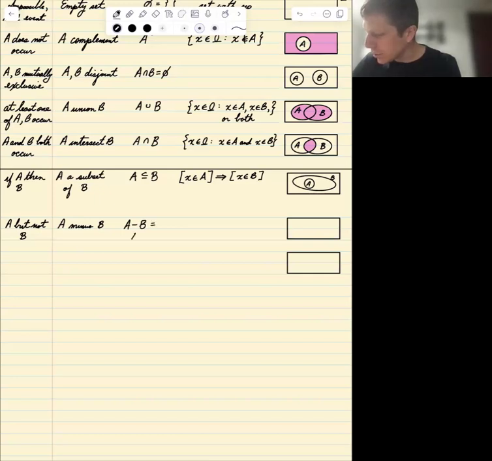This is equal to A intersecting B complement, right? It's the stuff that's in A that is in B complement. So it's X in omega such that X is in A and X is not in B.